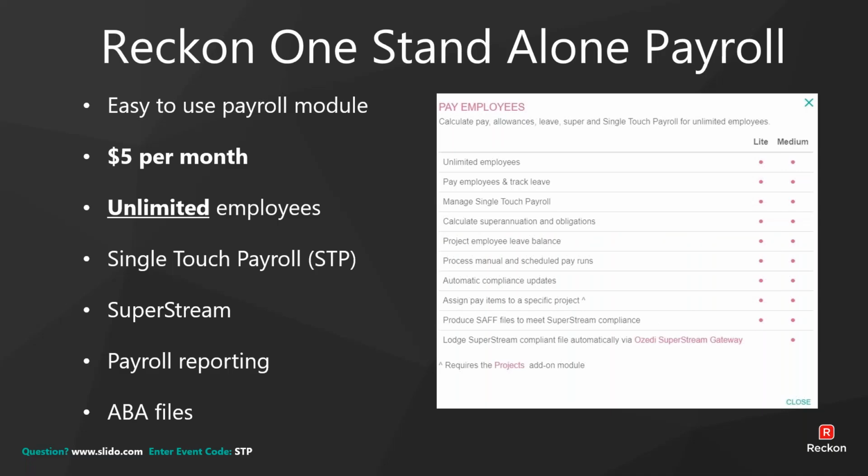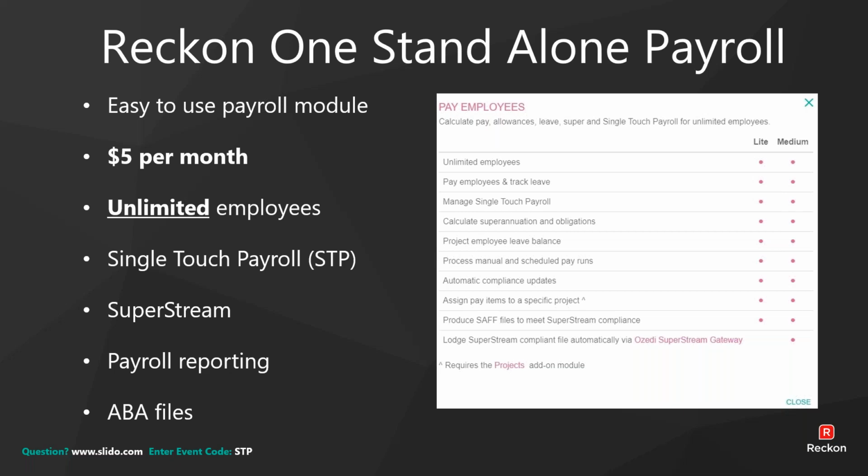Okay, so just a bit more information on the Reckon One standalone payroll module. We've got the light and medium levels of the module. What's good about the standalone payroll module now is that you can select only the payroll module.